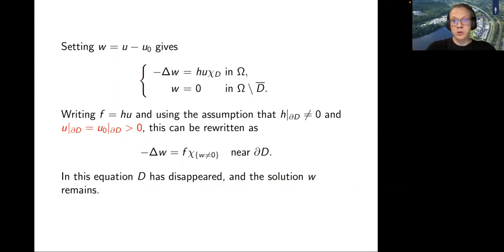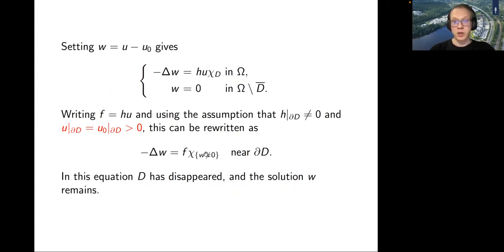And finally, using these non-vanishing assumptions that the contrast is non-zero at the obstacle and also the incident wave, and therefore also the solution U will be positive, then we can rewrite this equation as minus Laplacian W is equal to F times the characteristic function of the set where W is not equal to 0. So this you will have in some neighborhood of the boundary of D.